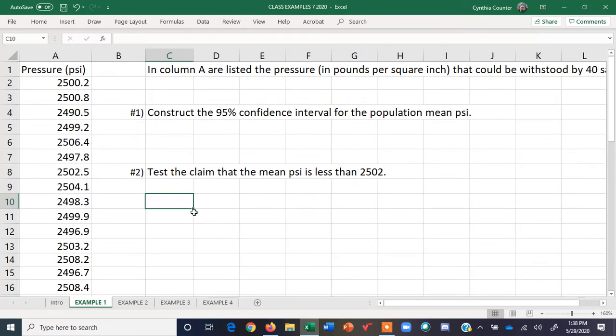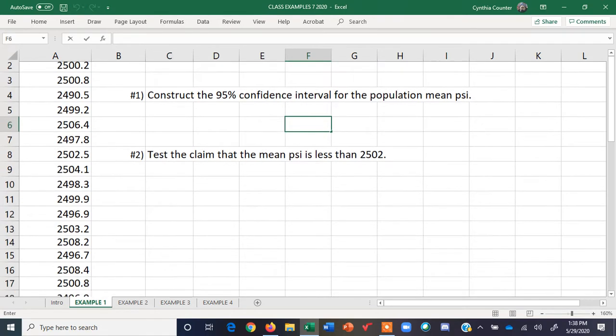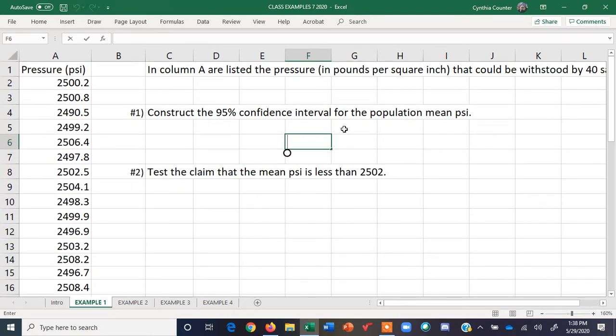But before we get to the hypothesis test, let's first review the confidence intervals, because we will be using the data analysis tool to get our summary statistics, and then that will aid us in the hypothesis test.